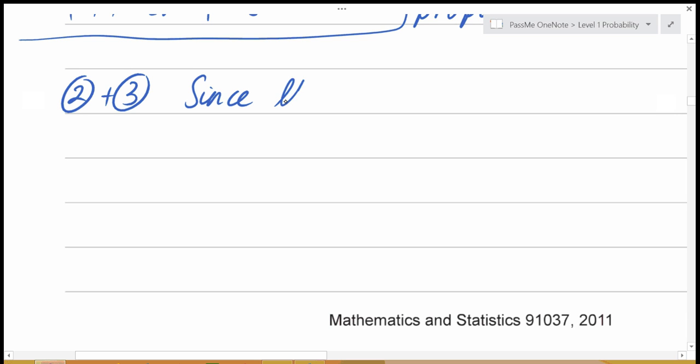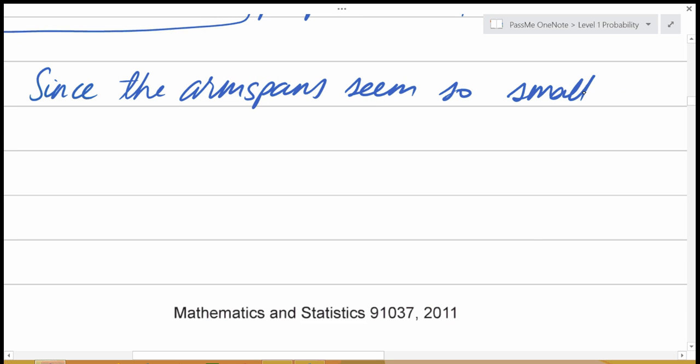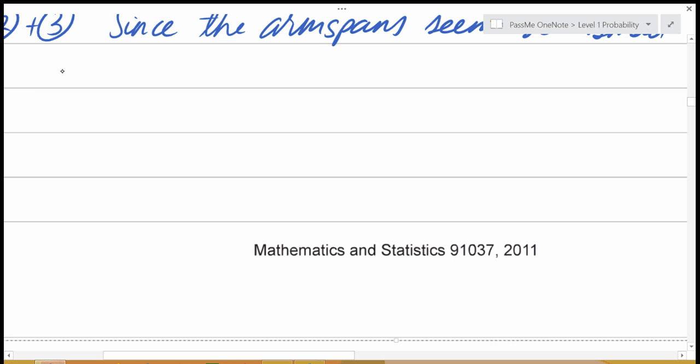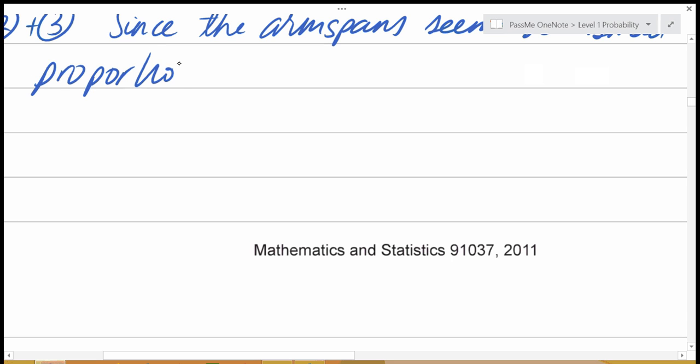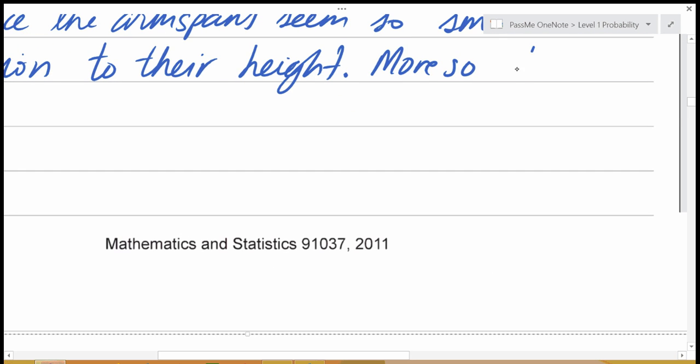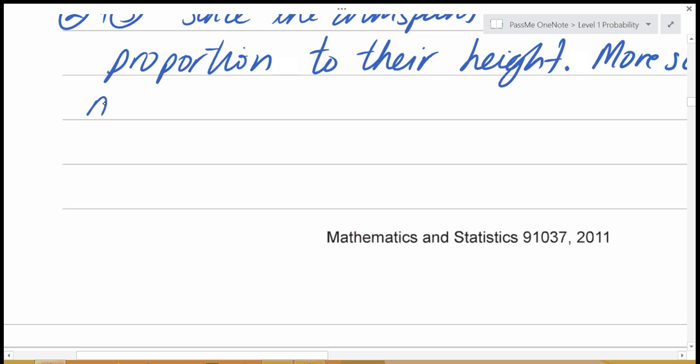Since the arm spans seem so small in proportion to their height, more so than would normally be expected.